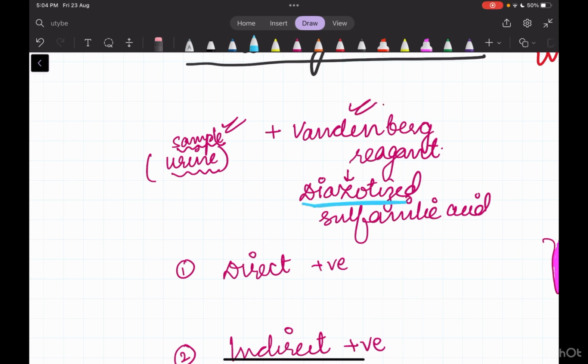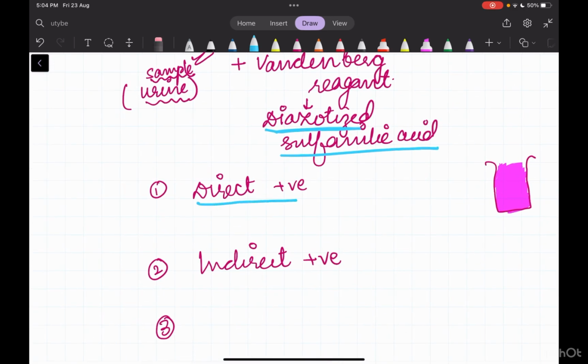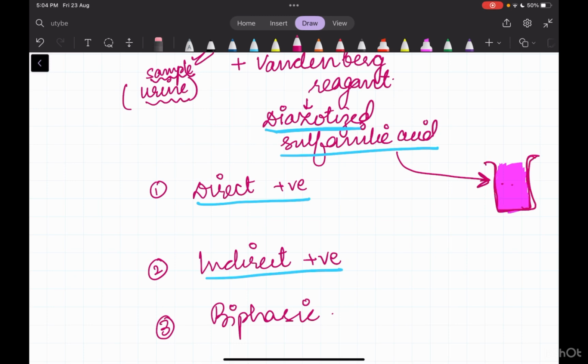It has diazotized sulfanilic acid. Now it will lead to either a direct positive, indirect positive, or biphasic reaction. Direct positive is when you mix these two things and it leads to a purple color. So this is sample plus van den Bergh reagent, and this is the purple color. It means direct positive. What does it mean? It means that this sample has conjugated bilirubin in it.